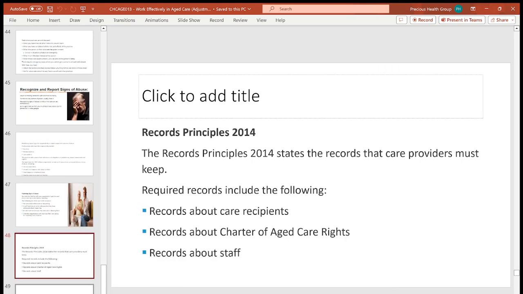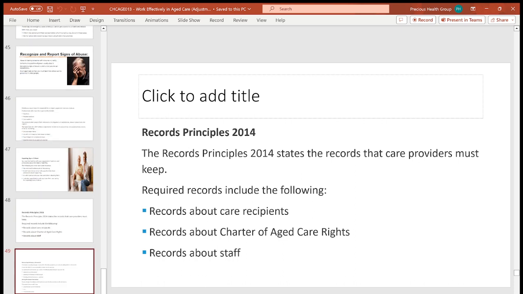And in line with the Records Principles 2014, the records principles state the records that a care provider must keep. The required records include the following: records about the care recipient, records about the Charter of Aged Care Rights, and records about staff.